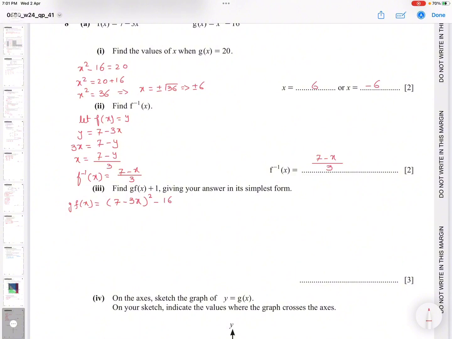Now you open it. 49 minus 42x plus 9x squared minus 16.